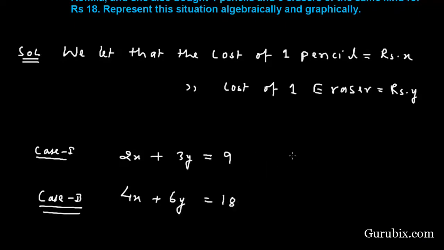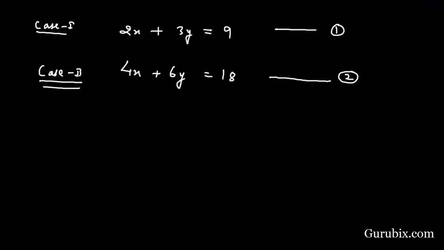So these are the two linear equations in two variables. This is the algebraic representation of both the conditions, and now we shall represent these two equations graphically.